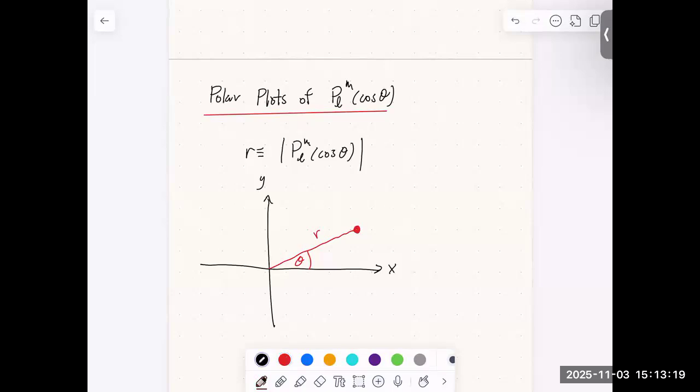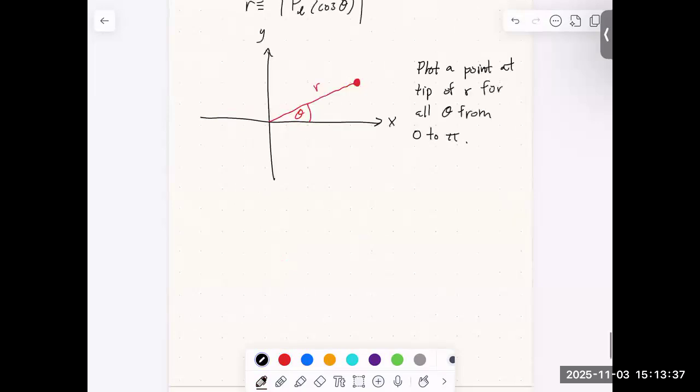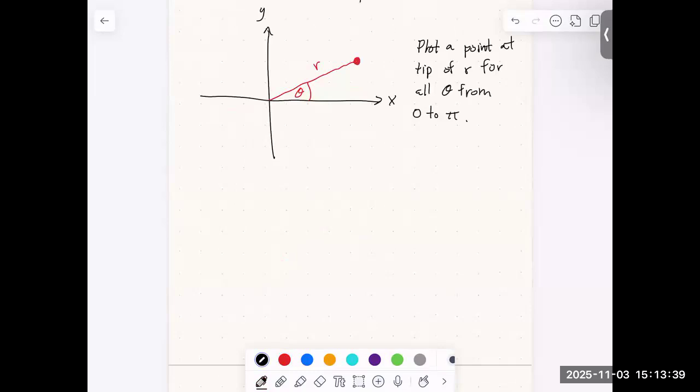So we're going to plot a point at the tip of r for all theta from 0 to pi. It's easiest if I show you an example.